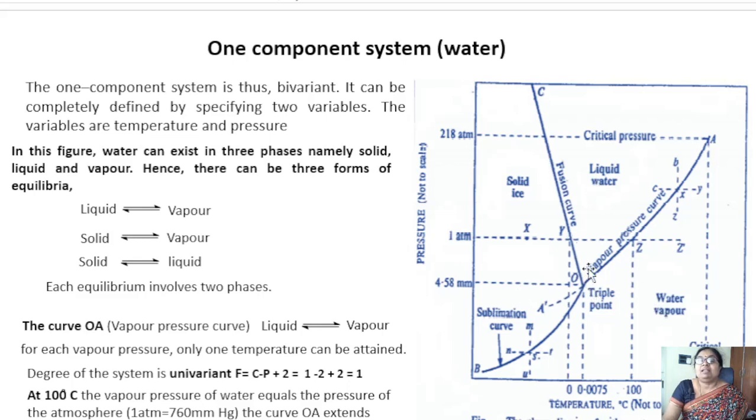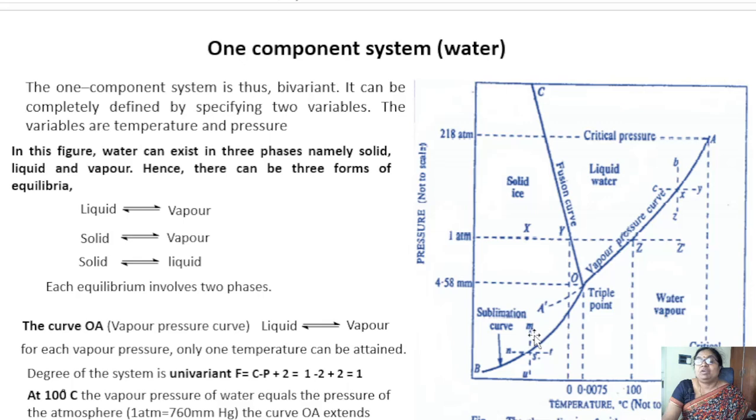Hence, there can be three forms of equilibria: liquid in equilibrium with vapor, solid in equilibrium with vapor, and solid in equilibrium with liquid. Each equilibrium involves two phases.